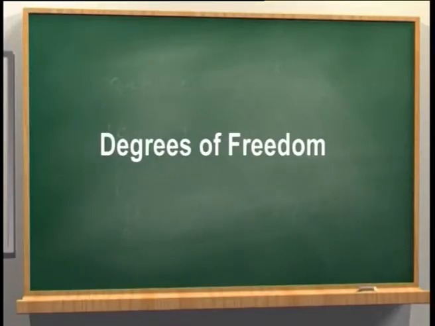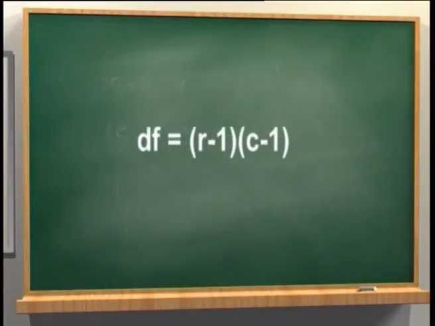The probability we seek depends in part on the degrees of freedom of the table from which our chi-square value is derived. Degrees of freedom. Mechanically, a table's degrees of freedom can be expressed by the following formula. Degrees of freedom, that is df, is equal to (r minus 1) times (c minus 1), that is (row minus 1) times (column minus 1).